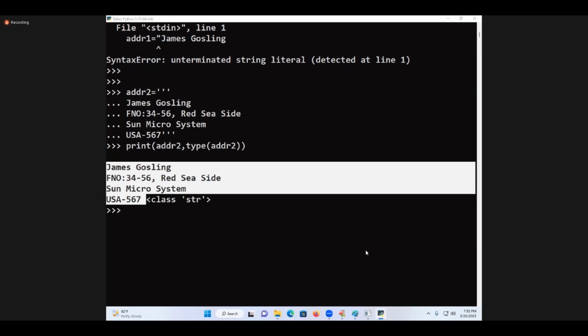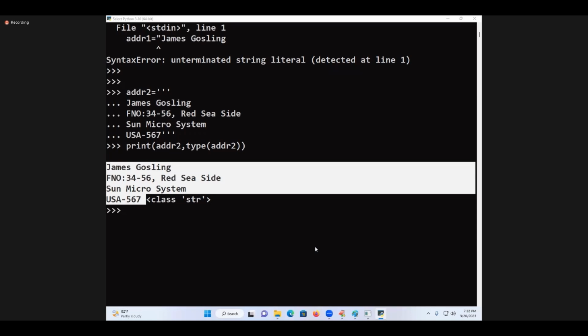How many types of strings are there? Two types. Number one, single line string data, and multi-line string data. Single line string data is enclosed within double quotes or single quote, but it is not useful for multi-line string data. To store multi-line string data, what are the notations? Triple double quotes, triple single quotes. Anyone we can use.